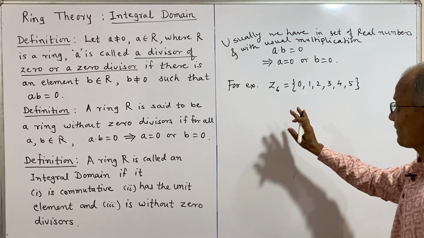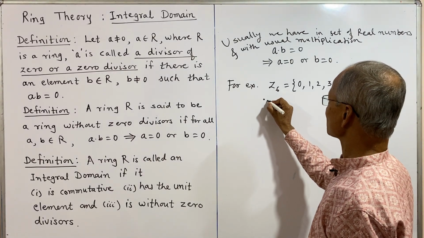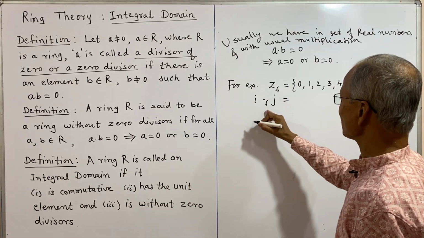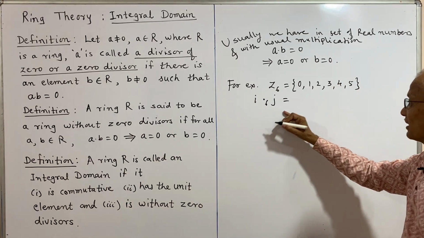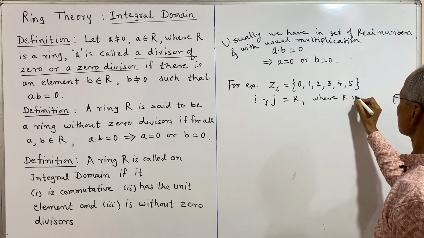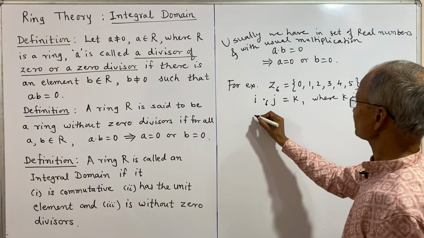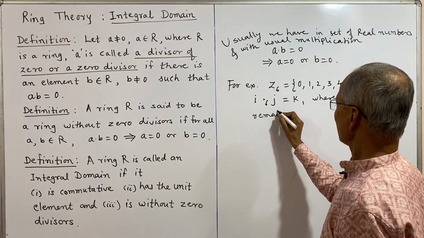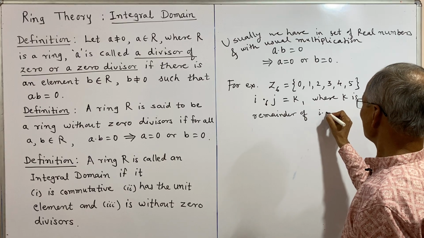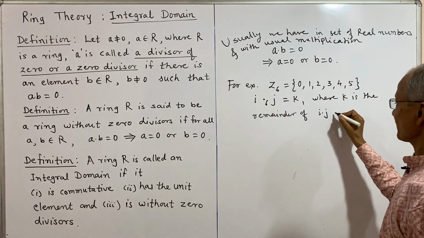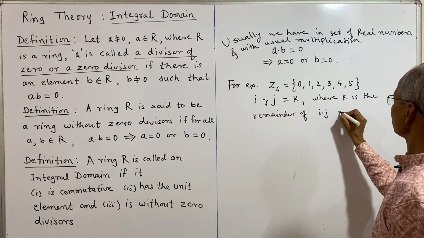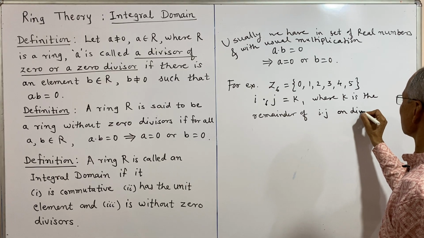Here the multiplication modulo 6 is defined as i multiplied modulo 6 with j is equal to k, where k is the remainder of i times j on division by 6.